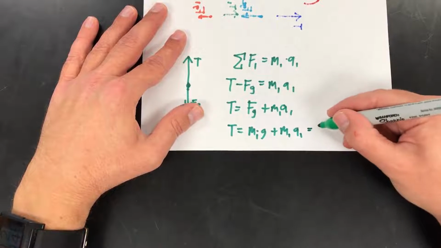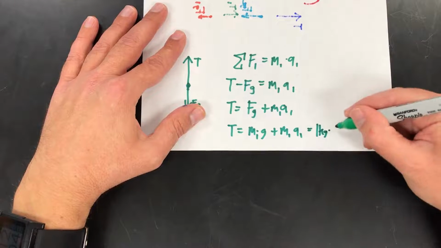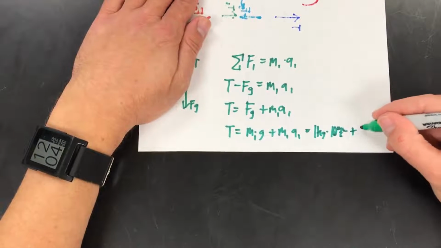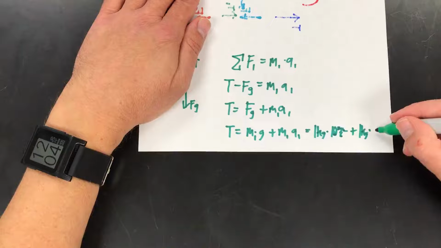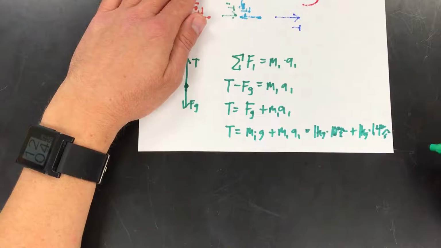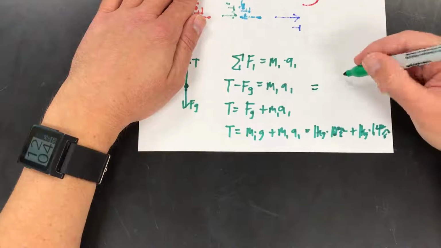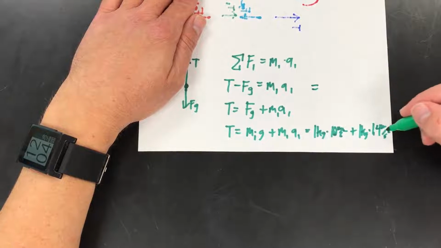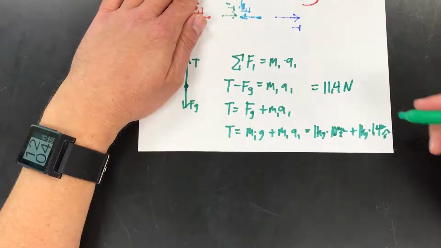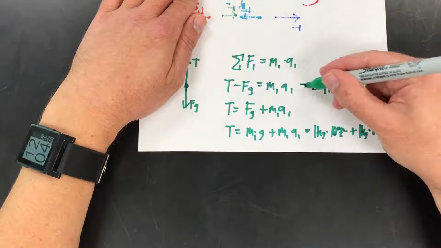So now we can substitute in here, we get 1 kilogram times 10 meters per second squared plus 1 kilogram times 1.4, our acceleration of our system. So this will give you 10, this will give you 1.4, so 11.4 newtons is the tension on block 1.